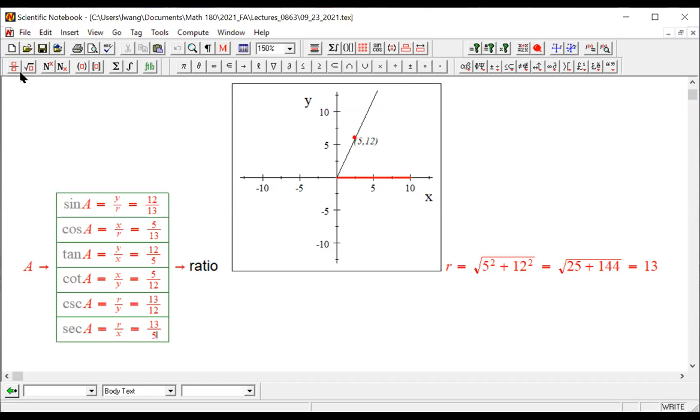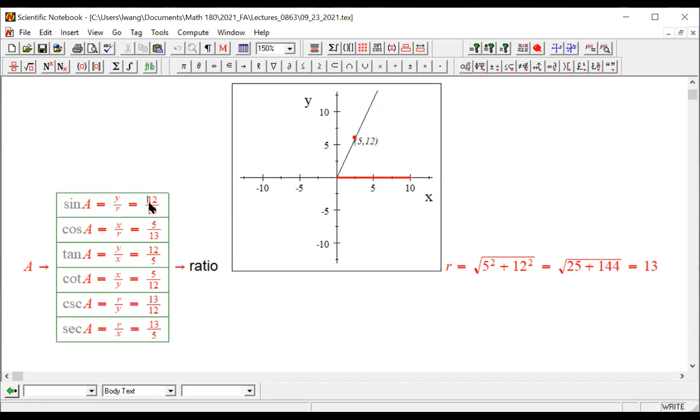I need to make a special announcement for you. On quiz number 10, you need to provide the exact answer. What does that mean? Some exact answers have a decimal form. Some exact answers do not have an exact decimal form. For example, 13 over 5 has an exact decimal form, so the program will accept both forms.